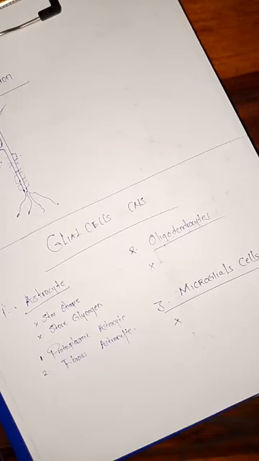They are involved in the phagocytosis of these dead cells, as well as pathogens that may invade the central nervous system. So they act as immune cells of the central nervous system.